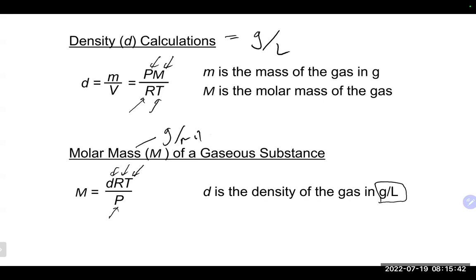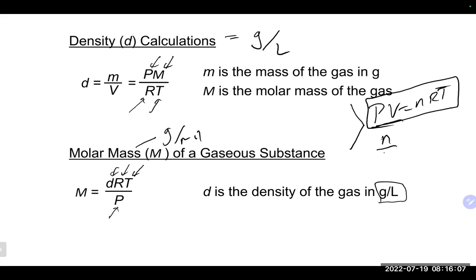Now, you could remember these formulas, but truthfully, they are all really based off of PV equals nRT. So they're all based off of the ideal gas law, and a way that you can get there is by solving for certain things. So, for example, if I solve the ideal gas law for n over V, I would be dividing the RT to the other side.